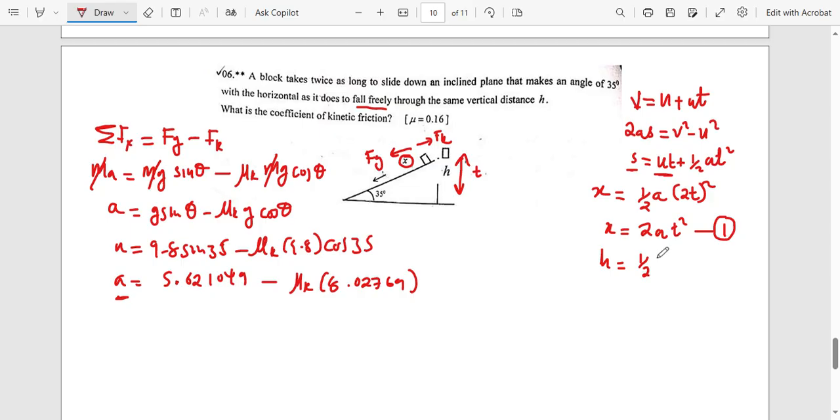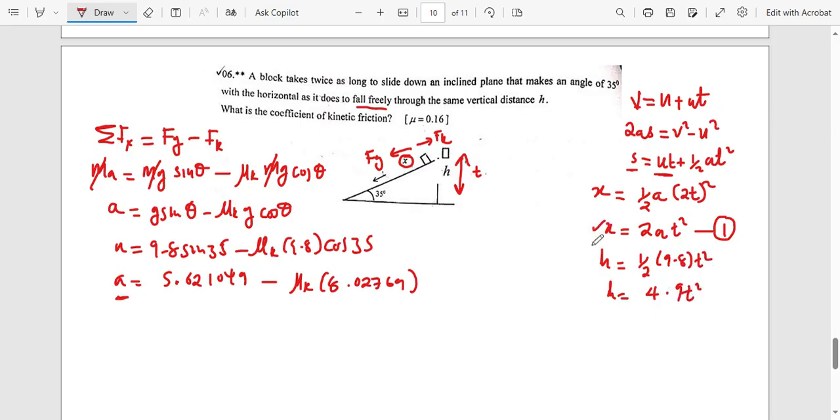But when something is falling freely, acceleration becomes acceleration due to gravity, which is 9.8. And remember, the time falling down is only the t, so that will be t squared. So here we are going to have height is equal to half times 9.8, that's 4.9, t squared.